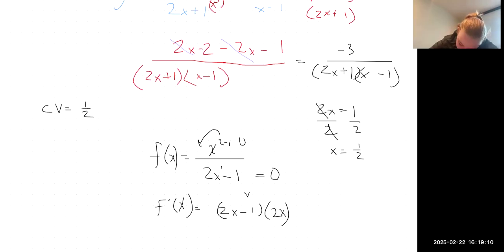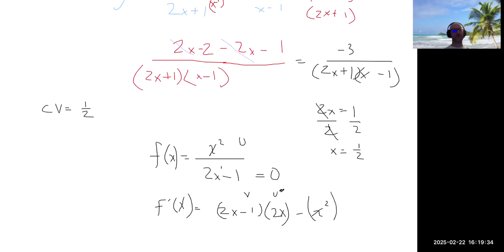So that's for the derivative of the top, or u prime we'll call it. And then we have minus the top, which is x squared, times the derivative of the bottom, which is 2.